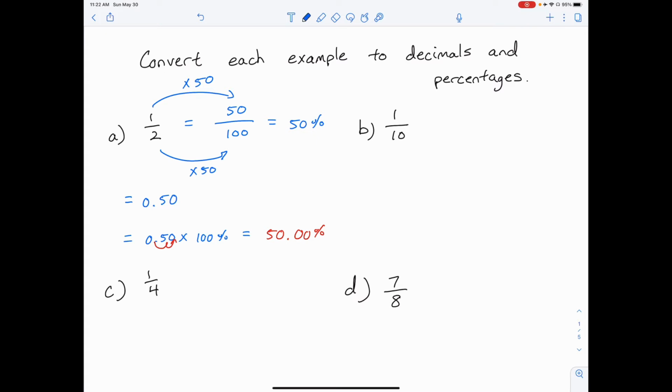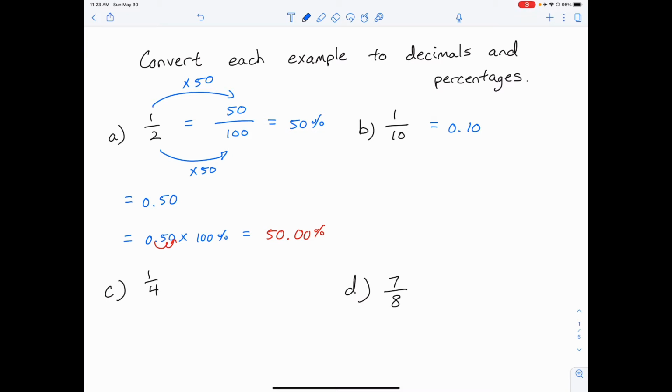So let's try part B. Again, if you have a calculator, you can go 1 divided by 10, and you'll get the answer of 0.10, or maybe 0.1. Again, the number of zeros afterwards doesn't matter because it's all the same thing. It's just basically used for more accuracy.